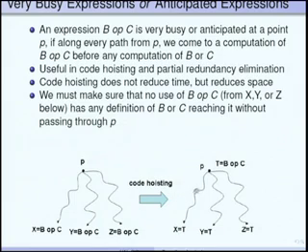So, what is code hoisting? If B of C is very busy at P, why should we really compute it here? We might as well compute it here. So, this is the code hoisting that takes place for B of C.